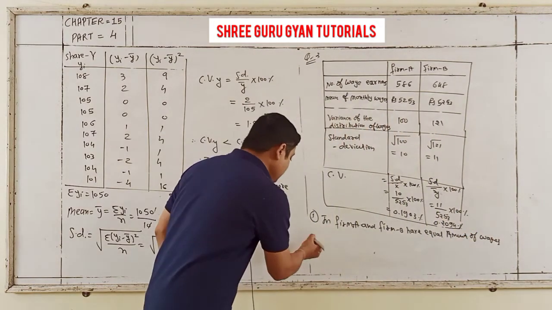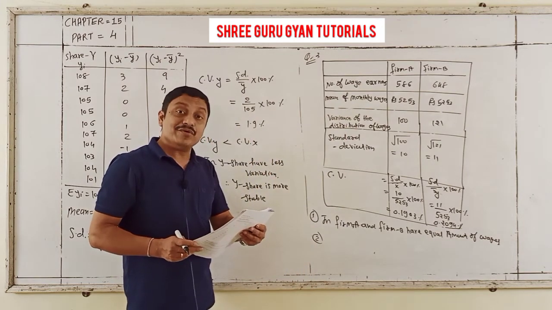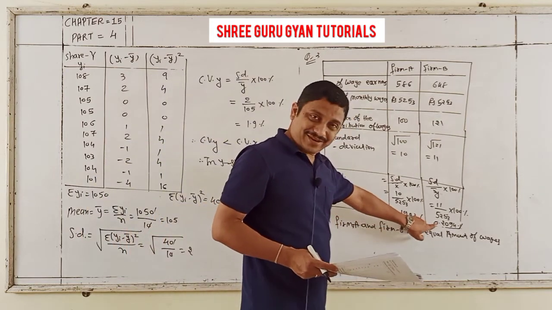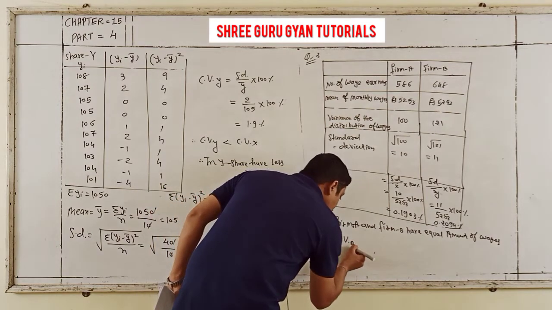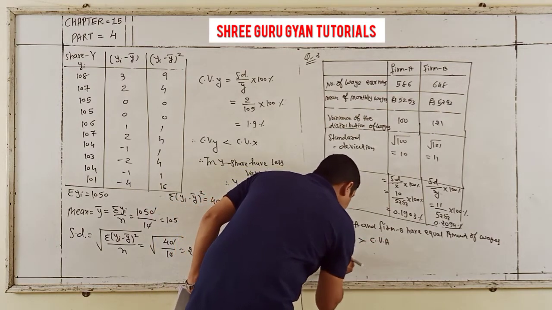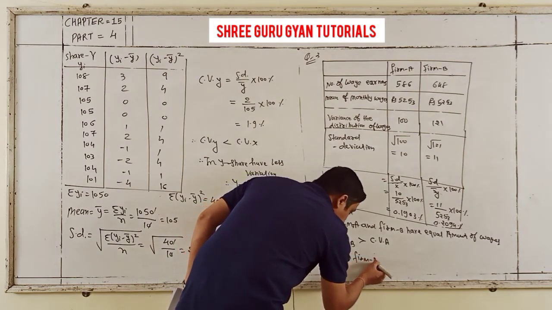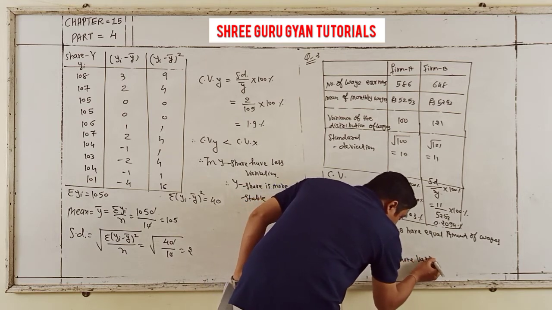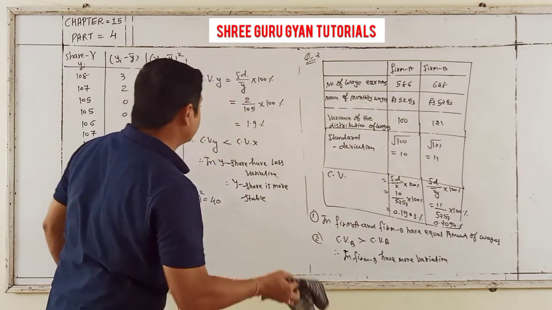And second, which firm shows greater variability, meaning more variations? Definitely firm B. So you write CV of firm B is greater than CV of A. Therefore firm B has more variation, more variability, and that is all.